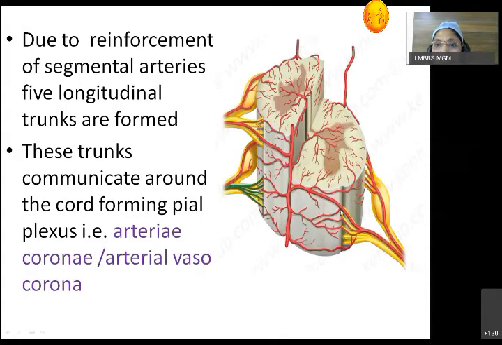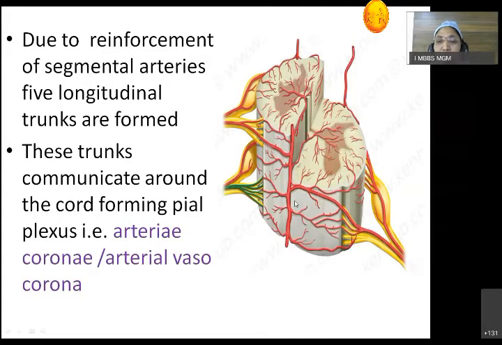Here you can see this is the anterior spinal artery and this is the anterior radicular artery. So the anterior spinal artery is reinforced by the anterior radicular artery, and thus there is formation of 5 longitudinal trunks around the spinal cord, and these trunks communicate with each other with the help of arteria corni or arteria vasocorona.